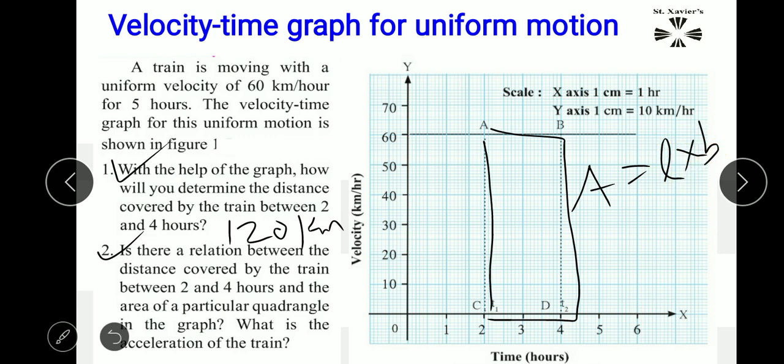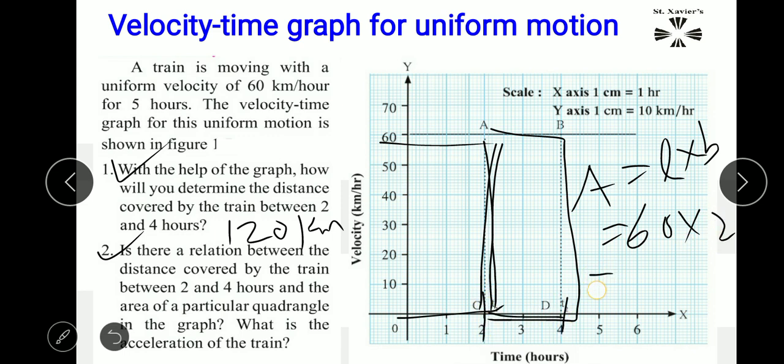Here the length is 60, and the breadth, between 2 and 4, is 2, so we get 120 only. So again we are getting the same answer. So there is a relation: the distance traveled is equal to the area of this quadrangle, students.